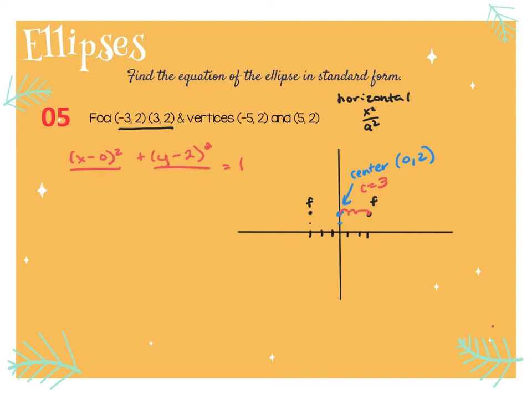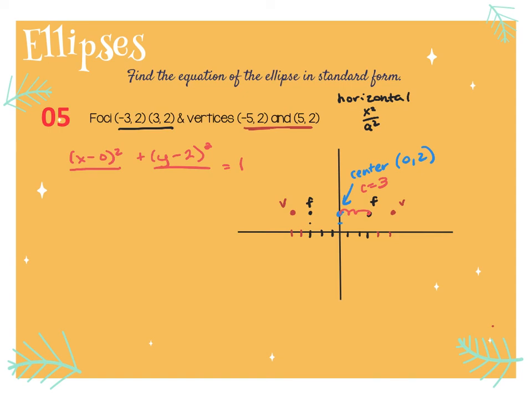Okay, now I go to the second piece of information. Vertex is (-5, 2) and (5, 2). So now I'm going (-5, 2), (5, 2), and those are my vertices. What does that help me find? Good.